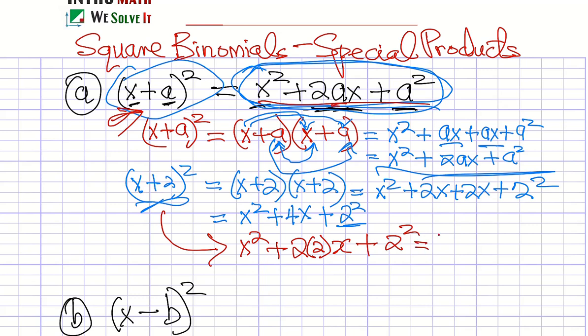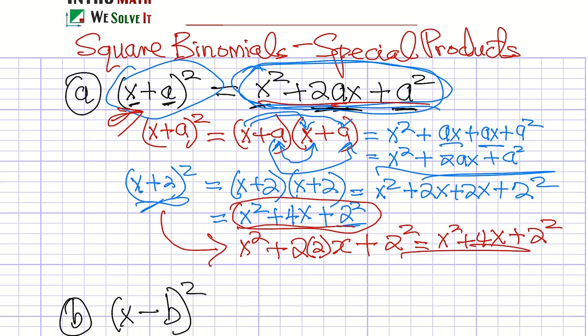You get x squared plus 4x plus 2 raised to the power 2. We got the same thing right here. Usually it's better to multiply it out. But why this is good is that if you see something like this, you can put it in this form. In some problem situations, it's better to do it like that.